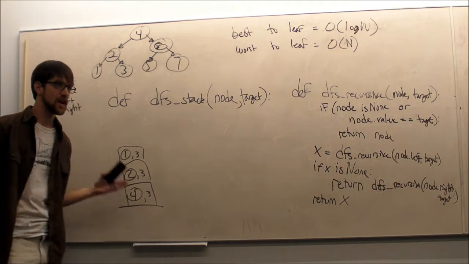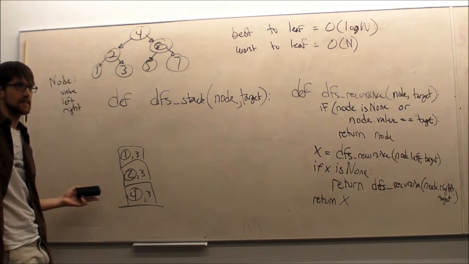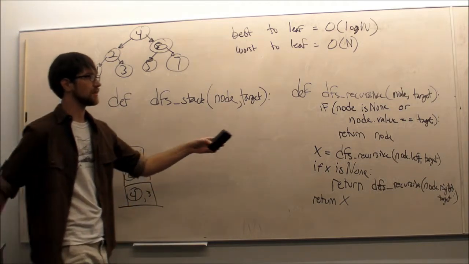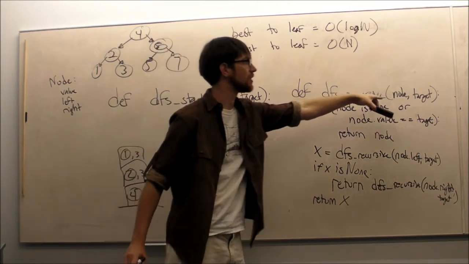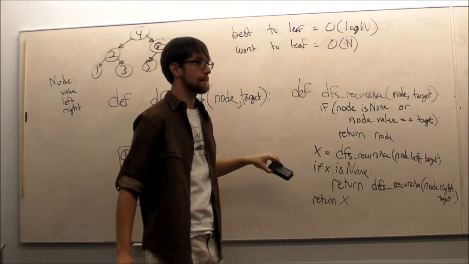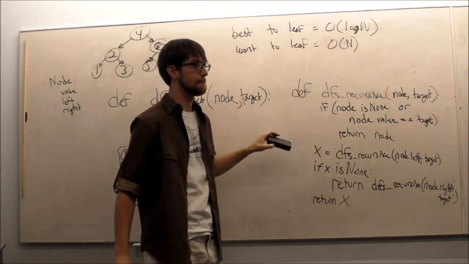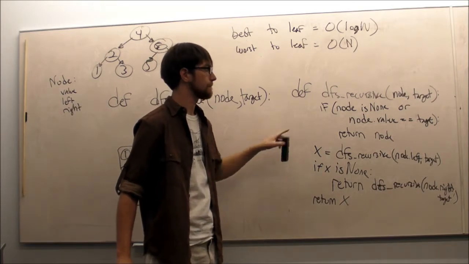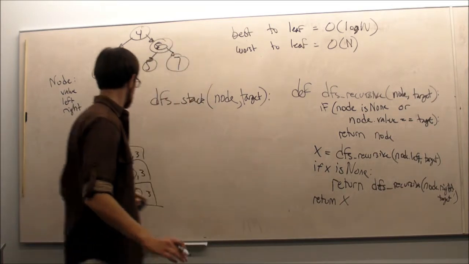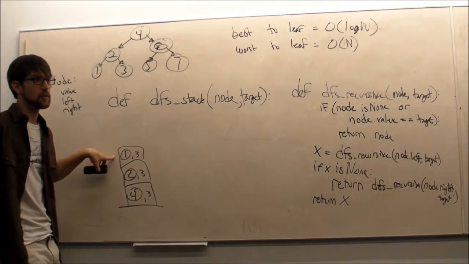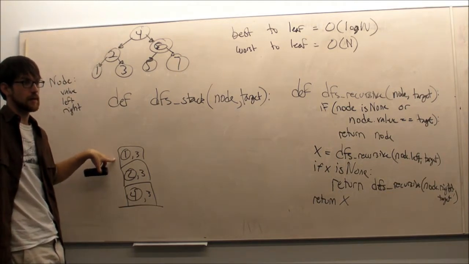Well, we are on this thing called the call stack. What happens when we call this on node 1 with the target 3? We're in node 1 and we're looking for 3. What do we do?